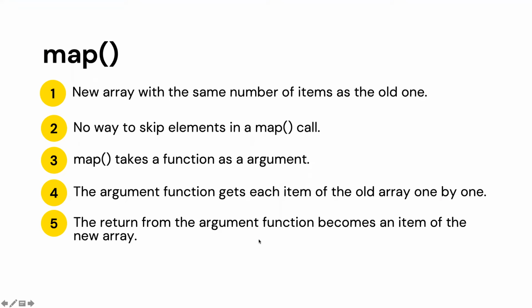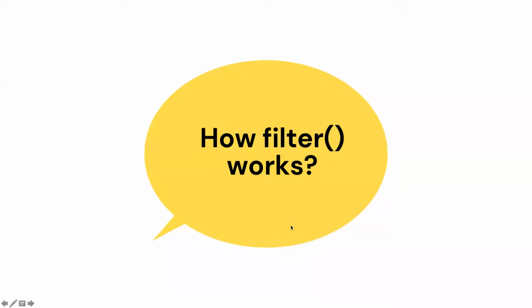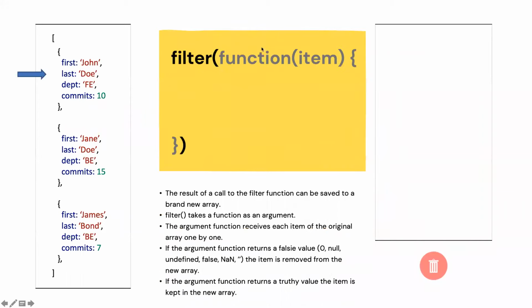Okay. And now let's move into the filter function. Filter, again, takes in an argument function, and it gets access to each item one by one. The important thing is how it handles what we return from the argument function.